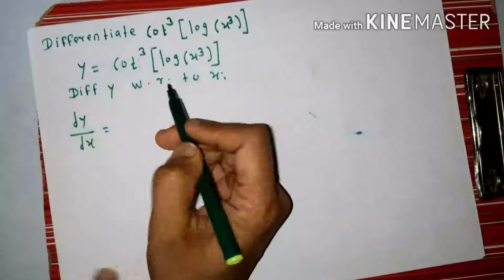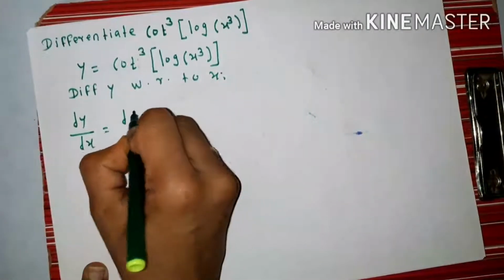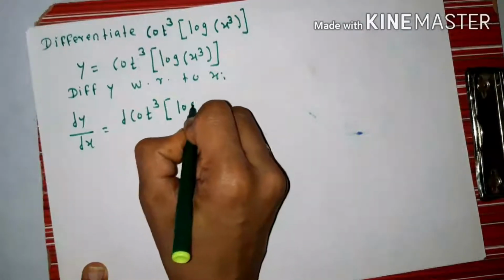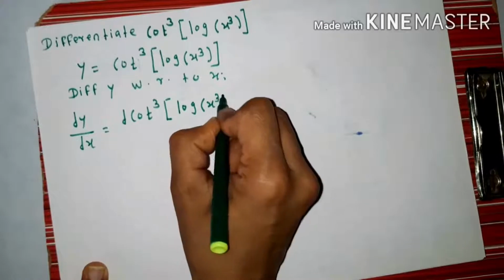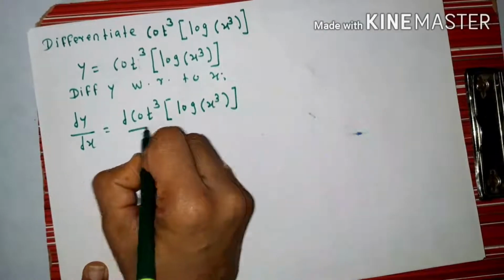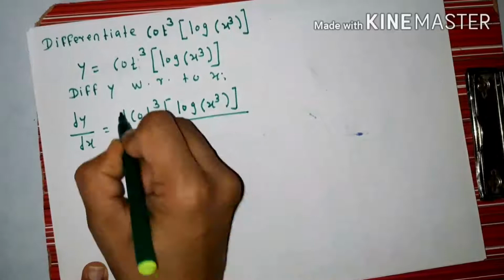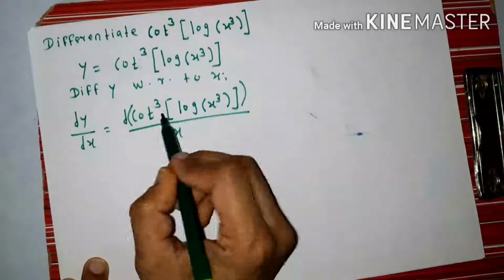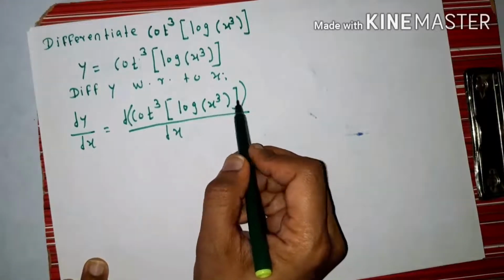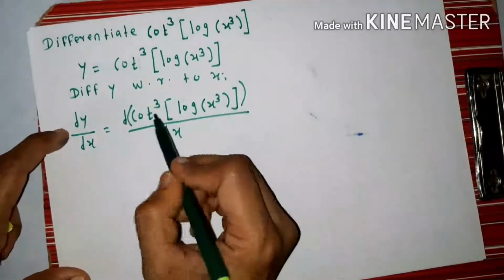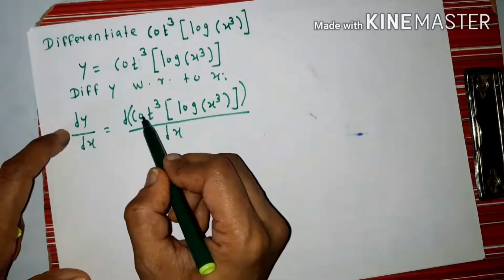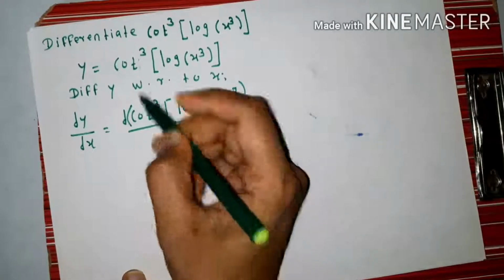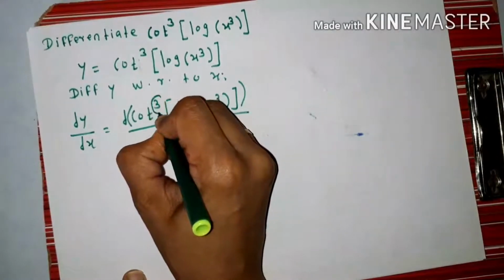to differentiation of cot cube log of x raised to 3, that is x cube, with respect to dx. Now we have to differentiate cot cube log of x cube. See here, cot is the trigonometric function, that is cot cube is there, and first we have to differentiate this power according to the power.